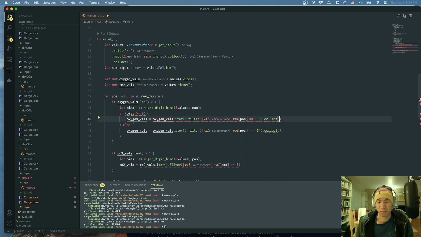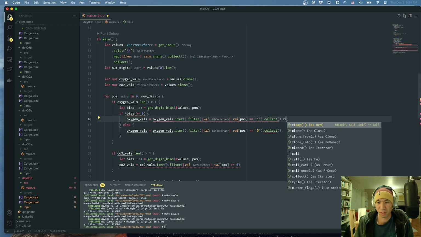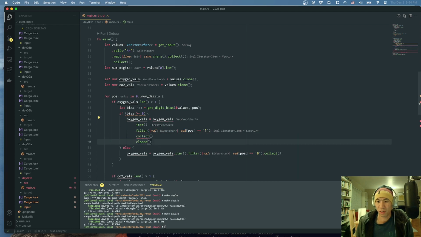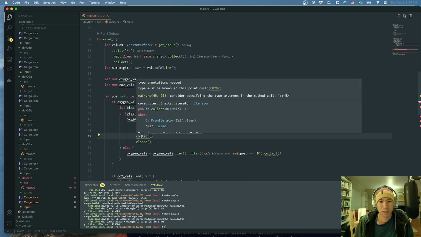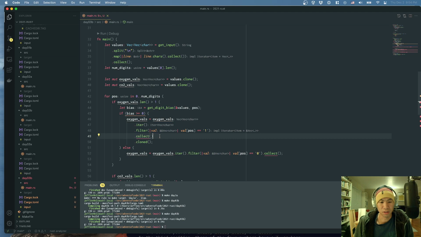Now we're kind of running into what I was worried about here. When I have a vector inside of a vector, it doesn't really know how to interpret it. Maybe I've come too far.